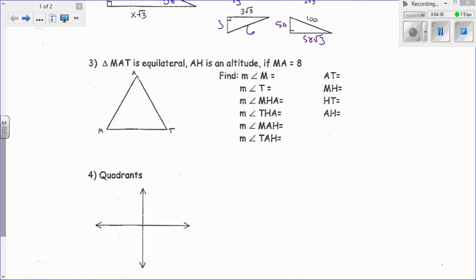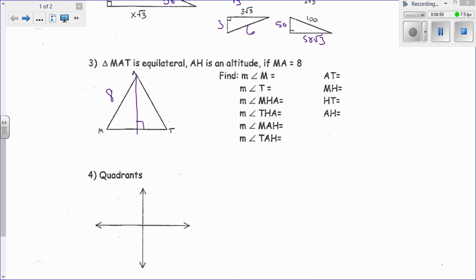All right. So in the next one, triangle MAT is equilateral, and equilateral means that all sides are congruent. AH is an altitude. Well, I'm going to have to draw AH in. So my altitude forms a right angle. MA is equal to 8.